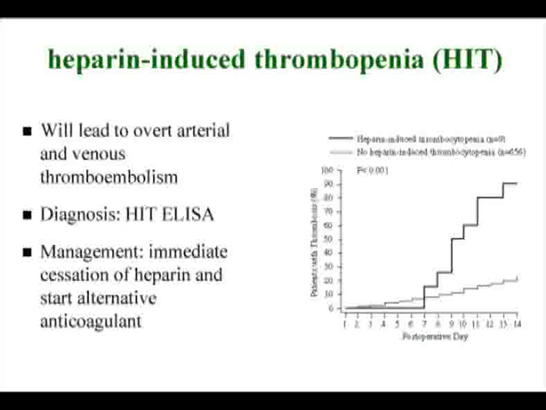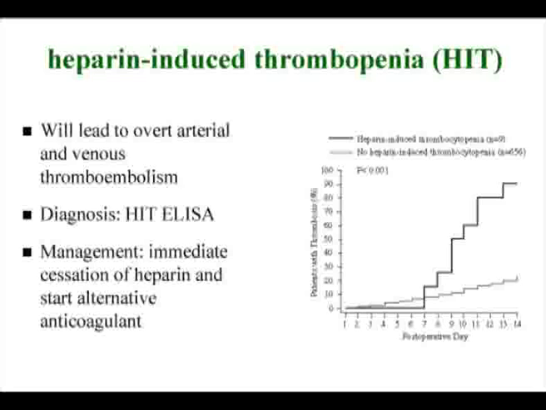Instead, their risk is arterial and venous thromboembolism. And as you can see, this risk is extremely high if the diagnosis is not made and if the patient is left untreated. Up to 80 to 90% of these patients will have serious venous or arterial thromboembolic complications.